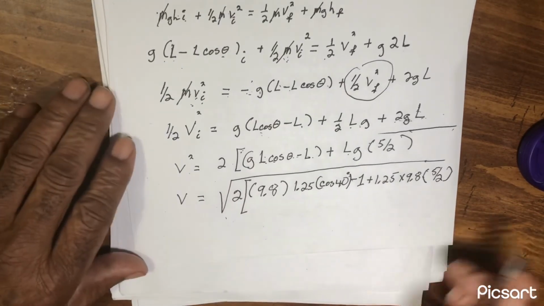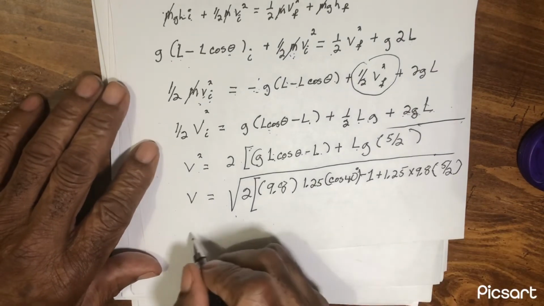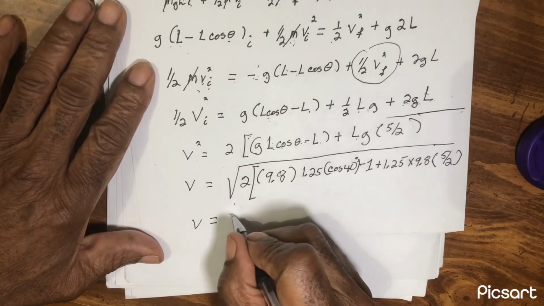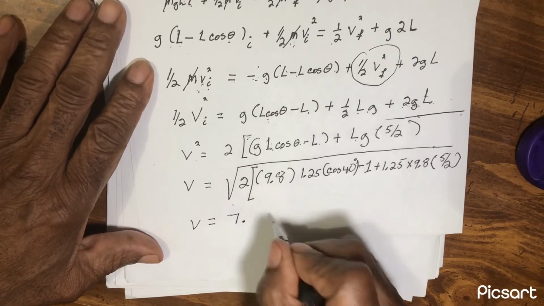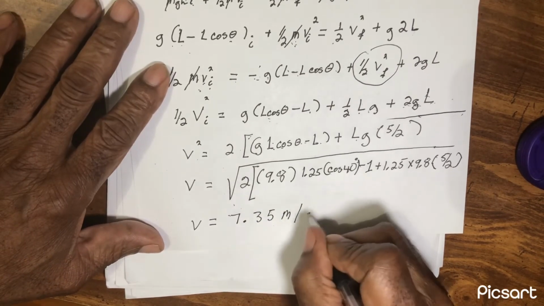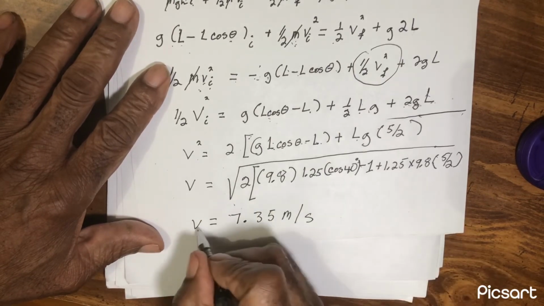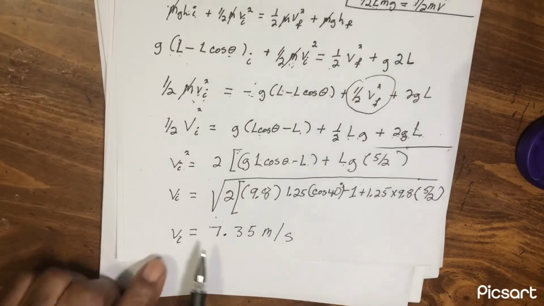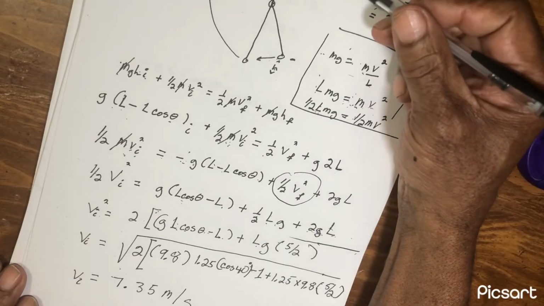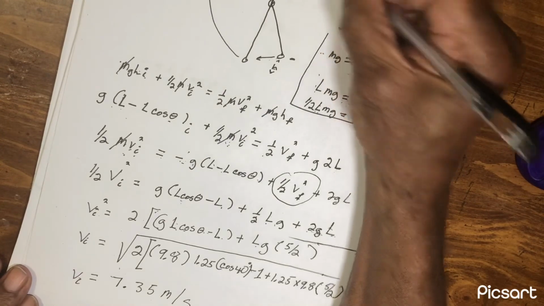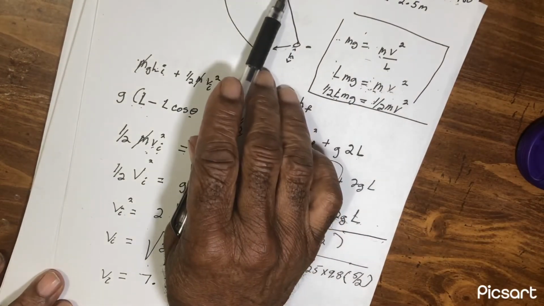And when you do all this math, you'll get v is equal to 7.35 meters per second. That's v initial. And that's the v required for this bob to be in a vertical position. It's still going to move through that position. That's how the rope stays taut.